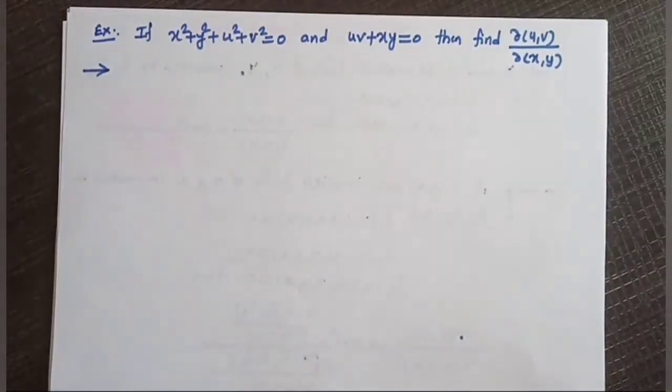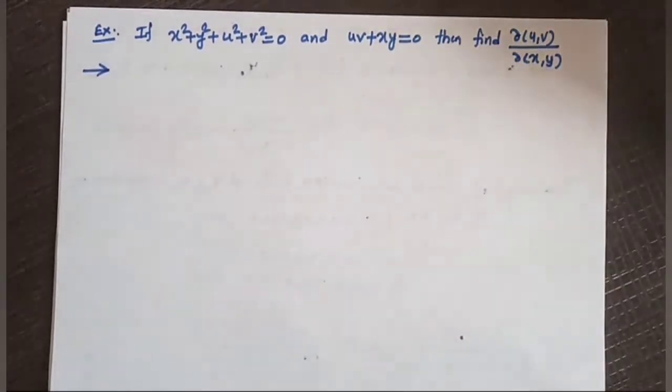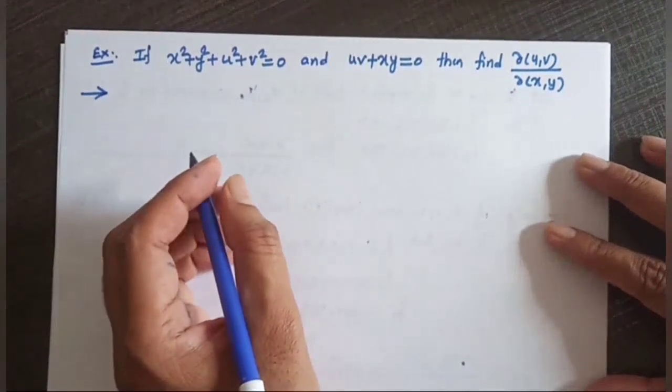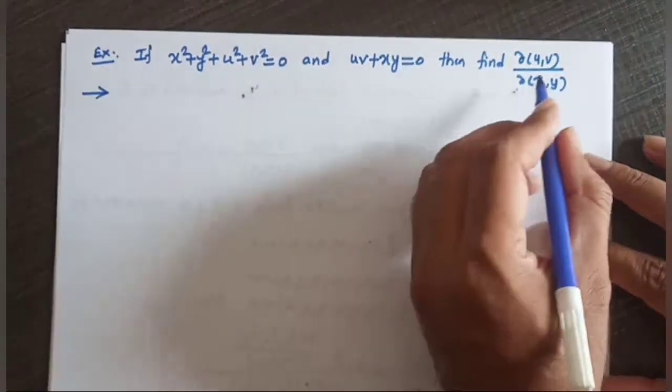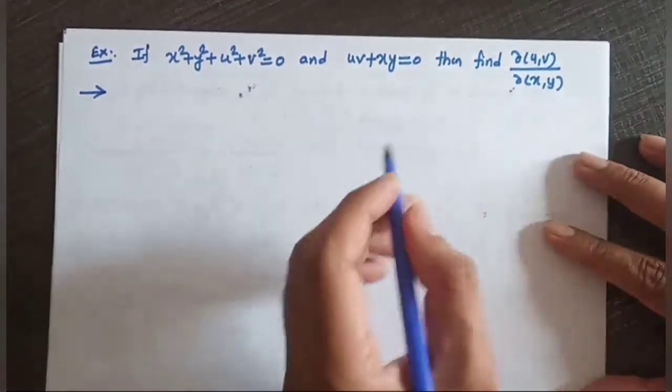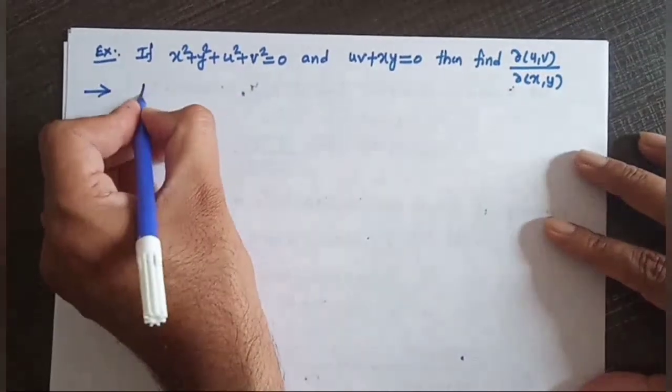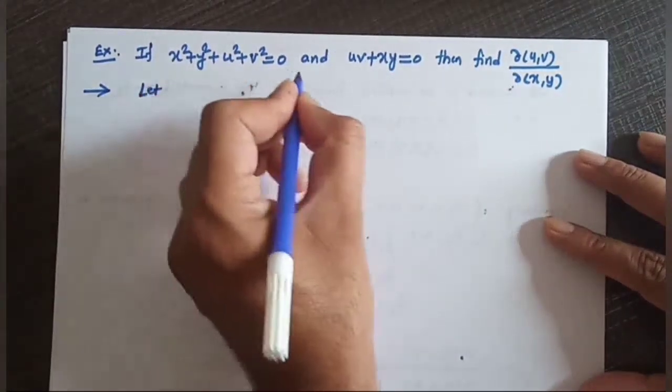First example, if x square plus y square plus u square plus v square equal to 0 and uv plus xy equal to 0, then find Jacobian of u, v with respect to x, y. Now here u and v are not expressed in terms of x and y. Some relation is given in the form of x, y and u, v.